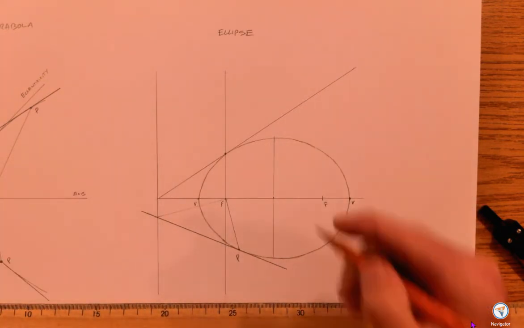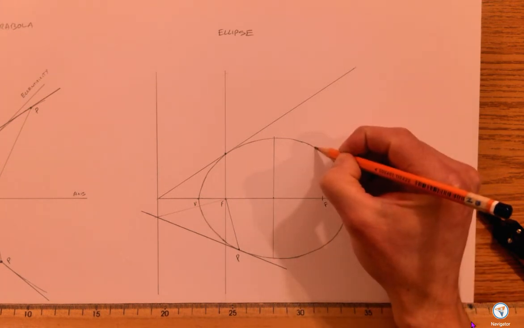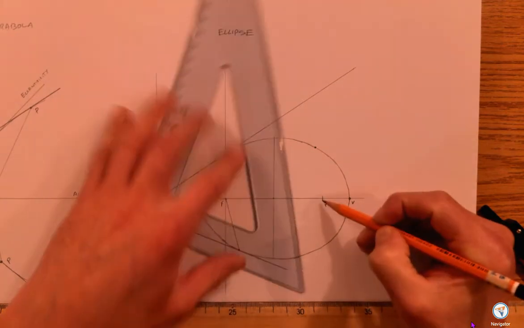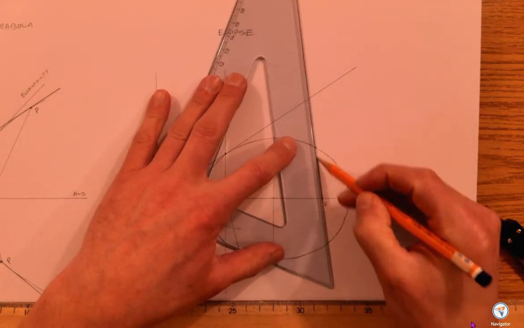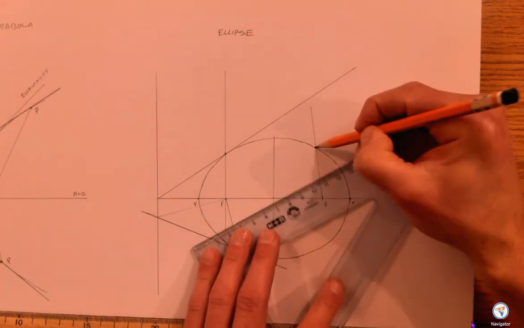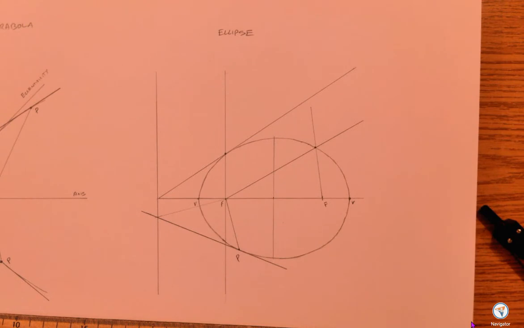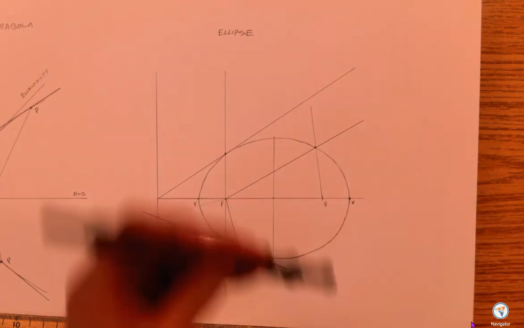To find a tangent, back to junior cert, here's the point I want to draw the tangent to. Focal point through that point, the other focal point through that point, and I bisect the angle. And I can bisect any of the four. Two of them will give me the normal, and two of them will give me the tangent.